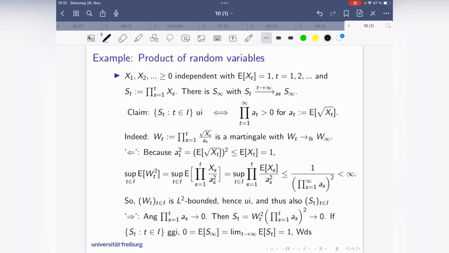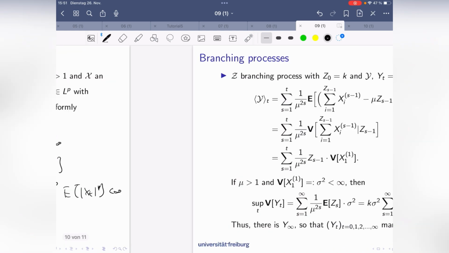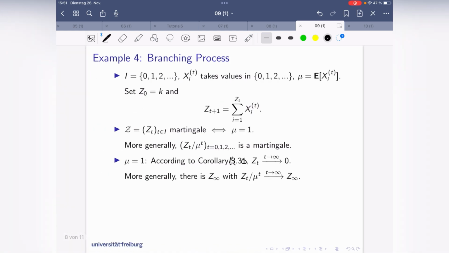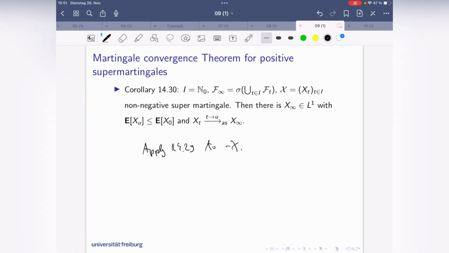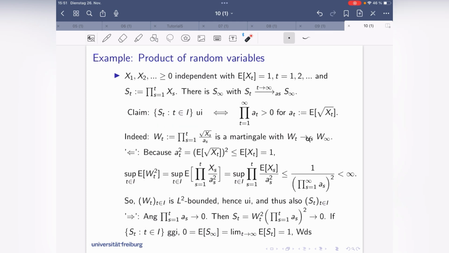And therefore, it's a non-negative martingale, as we had last time. We had this thing here, martingale convergence for positive supermartingales. A martingale is a supermartingale, it's positive here, and it converges almost surely. Okay, that's the basic thing here.